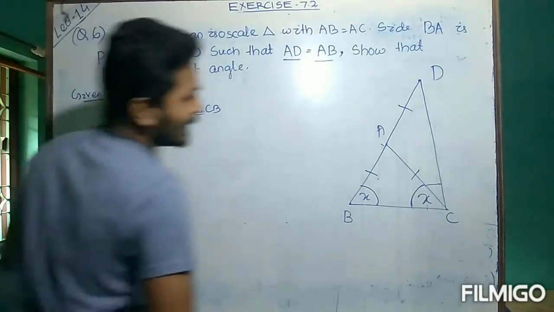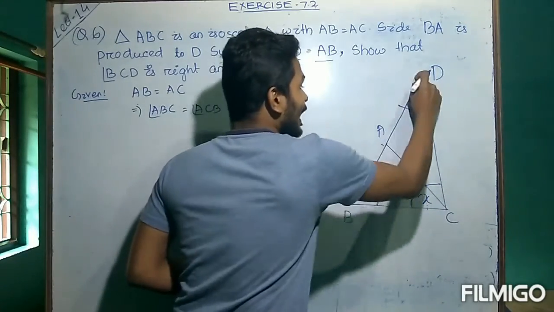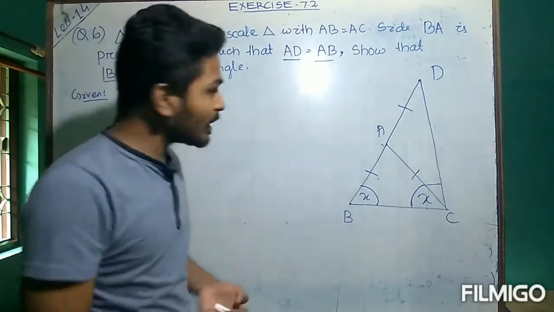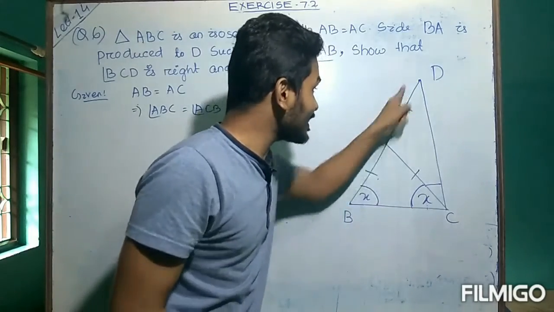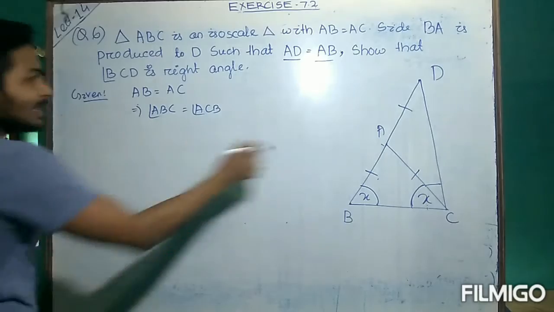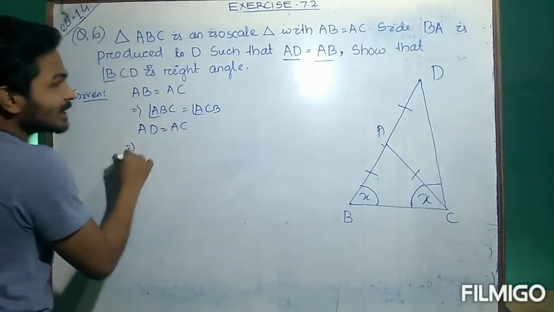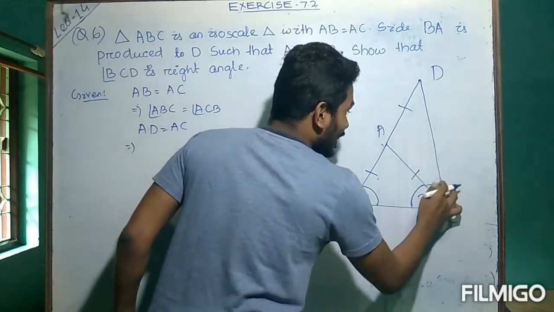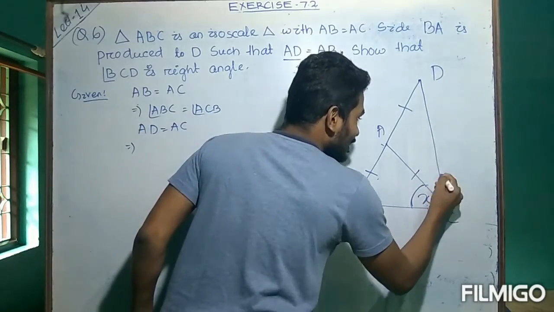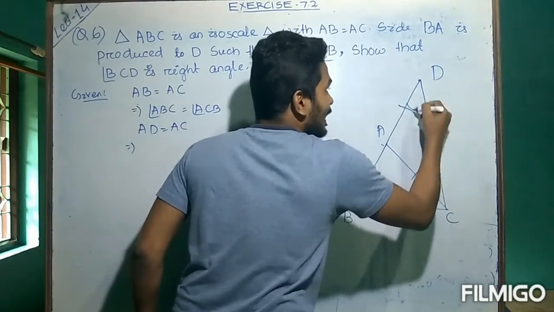Clear? Next, it is given that in triangle ADC, this side is equal to this side. It means it is also an isosceles triangle, and here AD is equal to AC. So the opposite angle of this side, that means this angle, is equal to the opposite angle of this side, that means this angle.